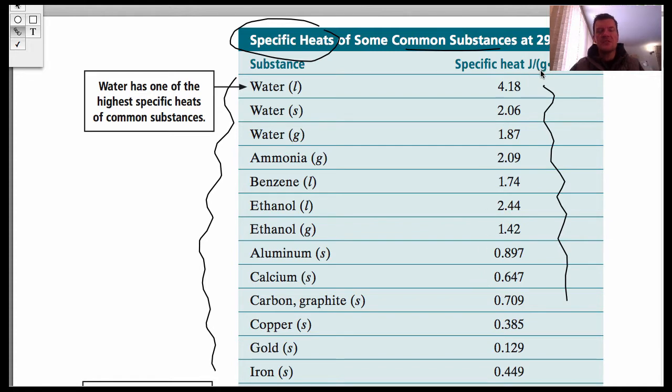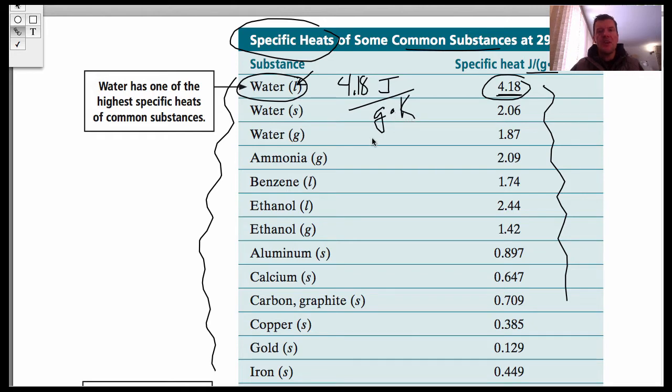Let's look at the units here. What is this measuring? If we say that the specific heat of water, that's liquid water, see the L? Liquid water is 4.18, and look at the units, joules per gram Kelvin. 4.18 joules per gram Kelvin. What does that mean?